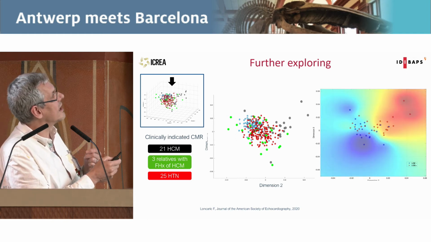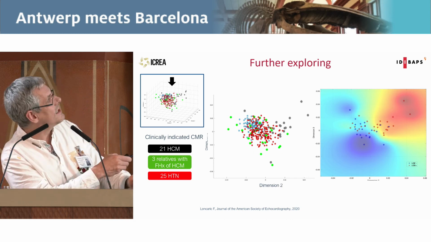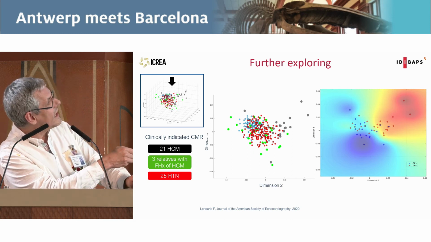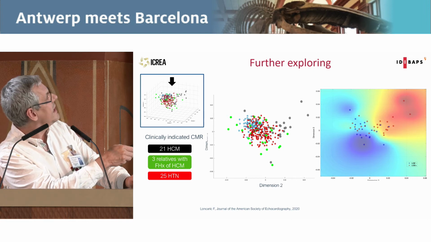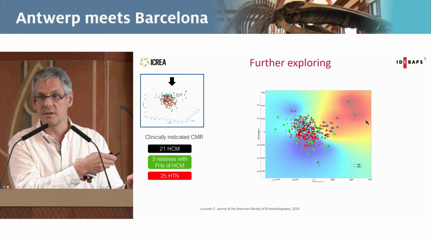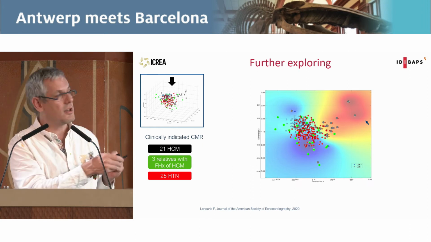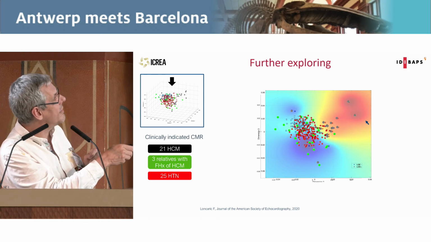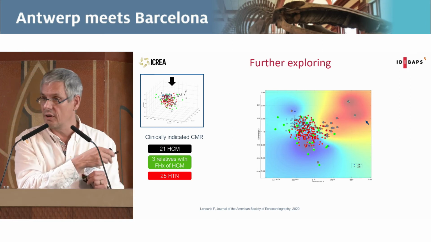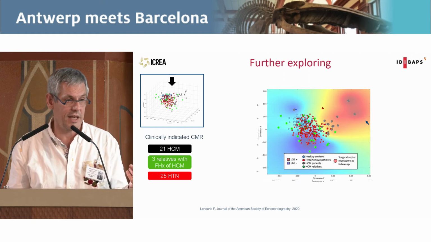If we then look at the late gadolinium enhancement independently of this, we see that late gadolinium enhancement is more prevalent in these ones. And if we overlap these, you see that it really overlaps. So late gadolinium enhancement as an independent measure is correlated to some of the echo measurements, but not in all of them. So you see that it's complementary information and not very similar information.